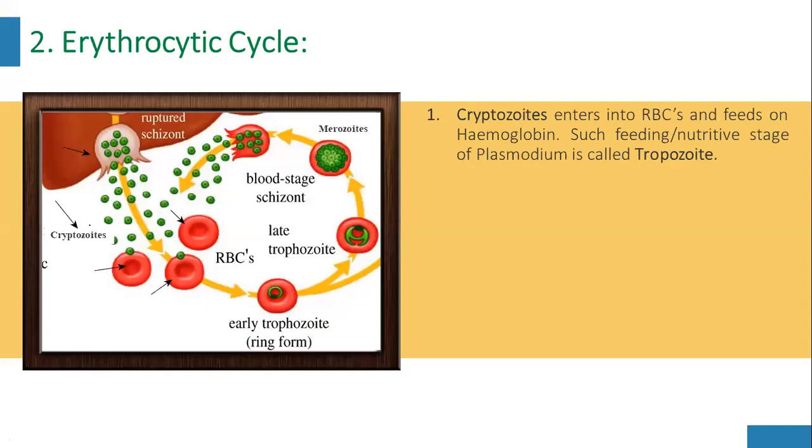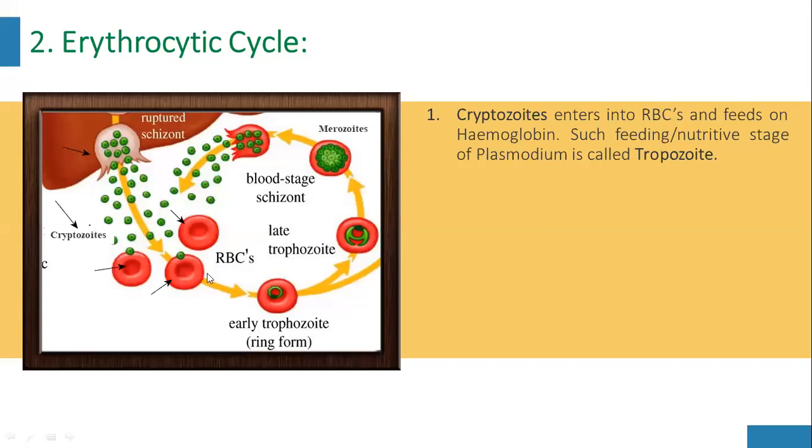When they divided in the liver, they became cryptozoites. Cryptozoites are released in the blood. Now they attack the RBC. On the RBC, they start feeding and become larger ones. Now they are called trophozoite. Can you recall how the stages are changing? Because every stage, when the growth is happening, undergoes different stages.